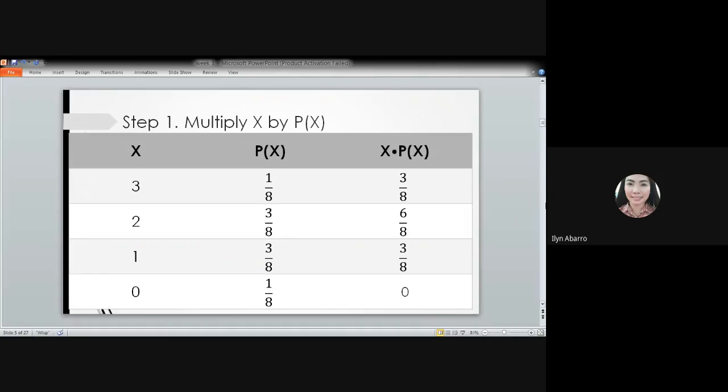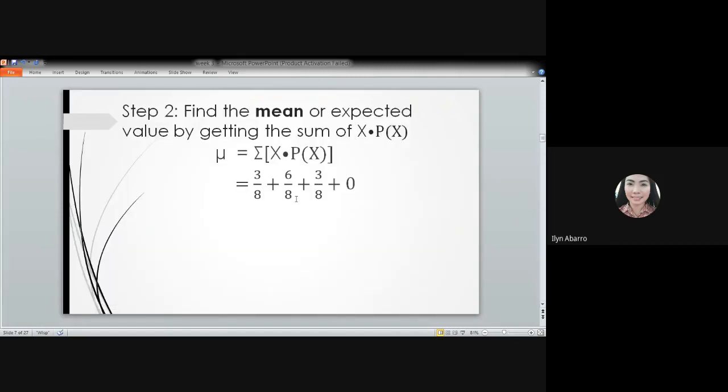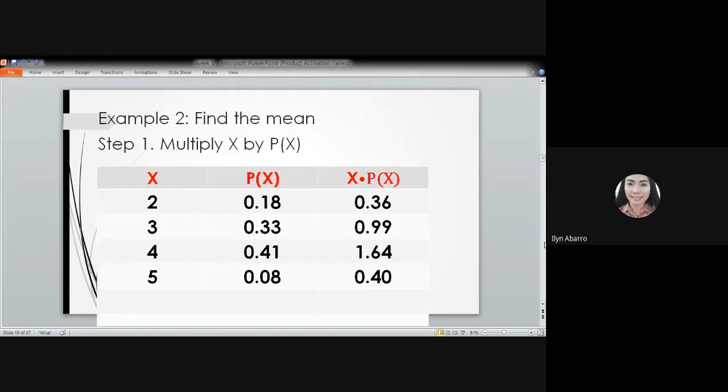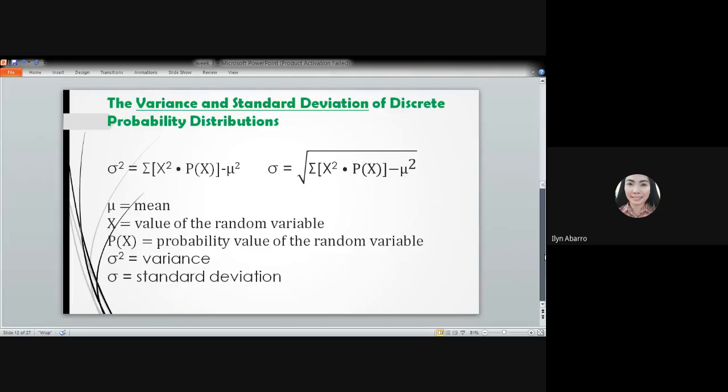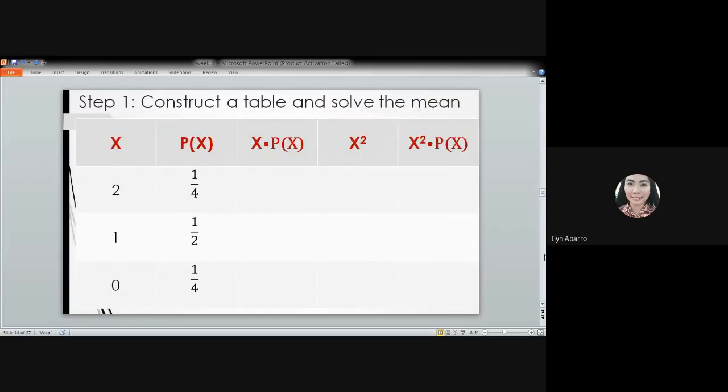Kaya lang, kapag inadd mo siya, magiging unlike fractions or dissimilar fractions pa siya. Kapag ganun, kukuha ka pa ng least common denominator and then hahaba pa yung process mo, wherein pareho lang naman yung magiging answer mo. So, doon ka sa mas madaling way. Basta ang goal mo lagi is maging similar yung kanilang denominator para add the numerator and copy the denominator na lang tayo, di ba? Huwag natin pahirapan ang buhay natin.